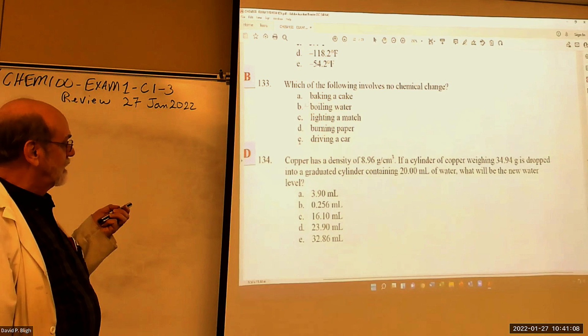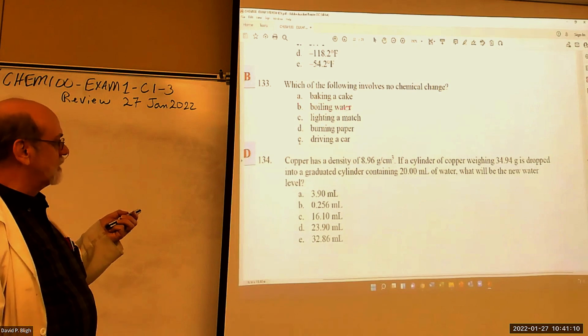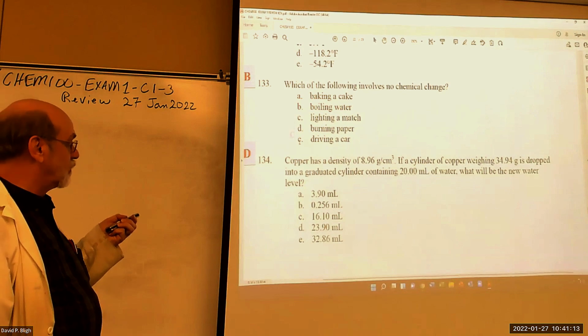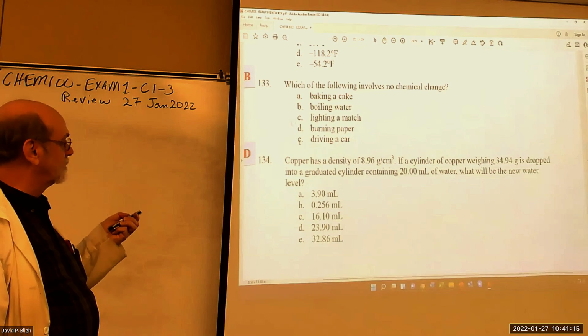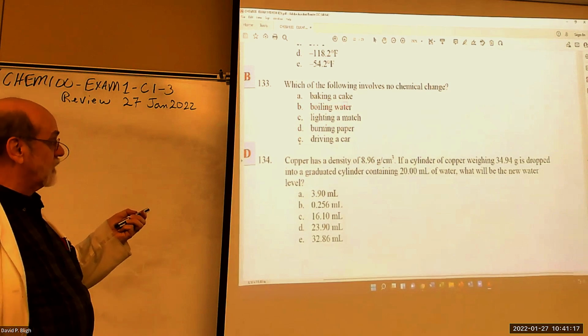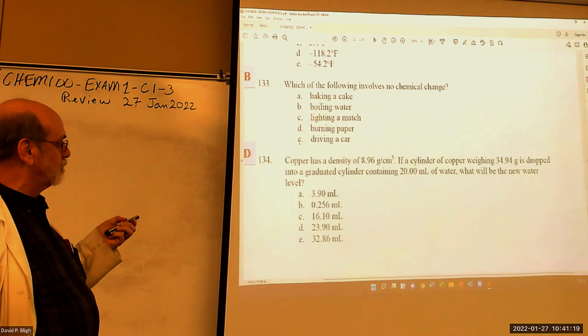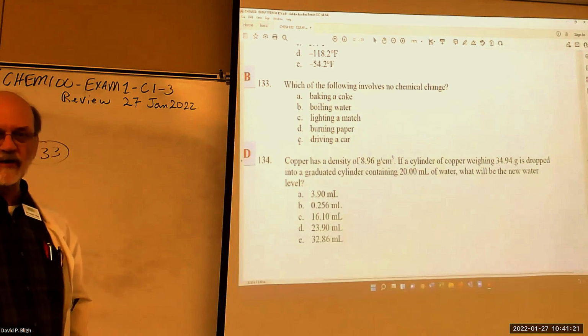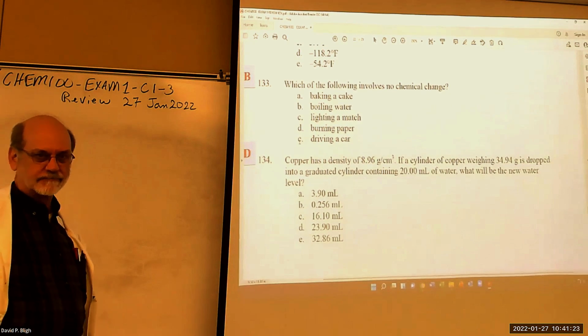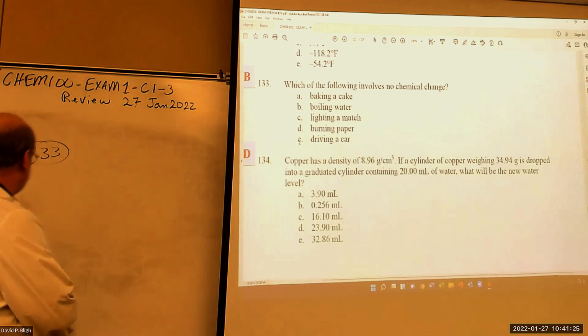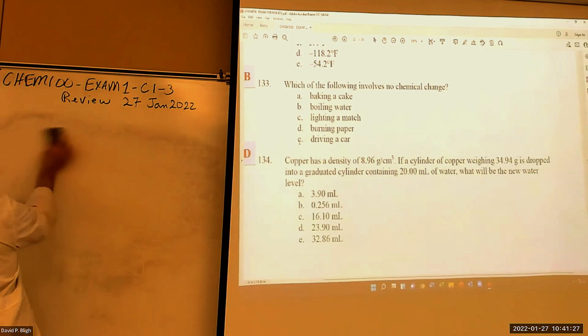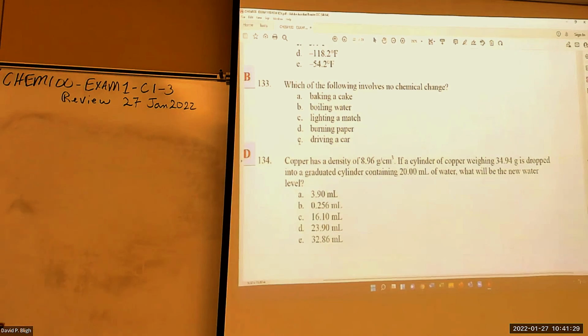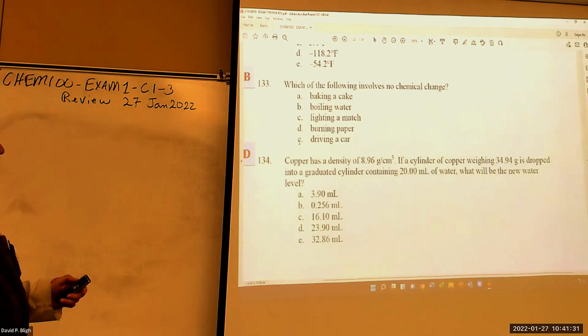Boiling water. That's definitely a physical change, and you don't have any of the oddballs down here, so you can stop there. That's your answer. Lighting a match, burning paper, driving a car, those all involve chemical changes. So 133 is B. That'll take you all 5 seconds to answer that one.